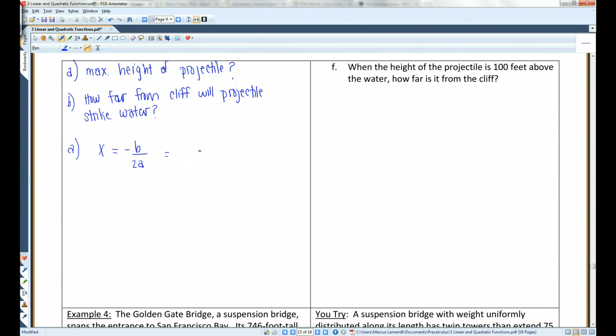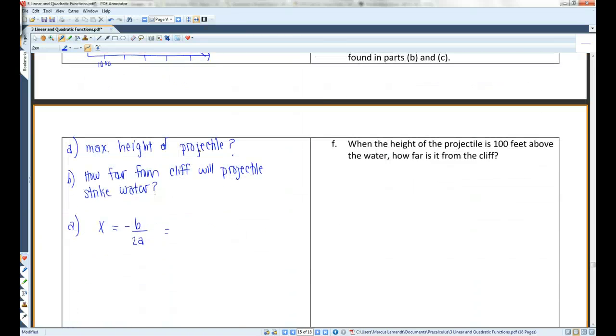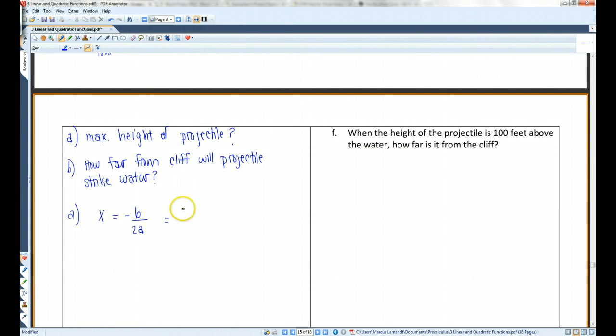So we've got negative 1 over 2 times negative 1 over 5,000. Because this is the bottom of the denominator, it's going to move to the top, and the negatives cancel out, so I've got 5,000 over 2, which gives me 2,500.